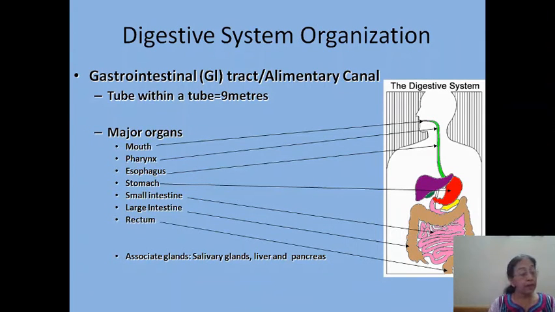The glands associated with the human digestive system and forming a part of it are the salivary glands, liver, and the pancreas.